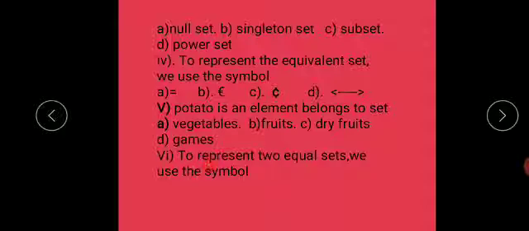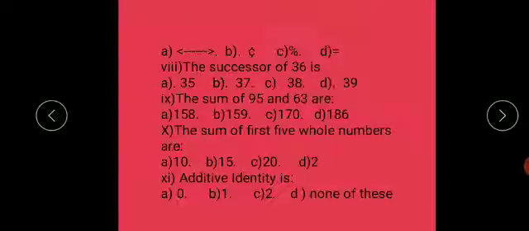Sixth part: to represent two equal sets we use the symbol corresponding to, phi, percentage, equal to. Eighth part: the successor of 36 is 35, 37, 38, 39.